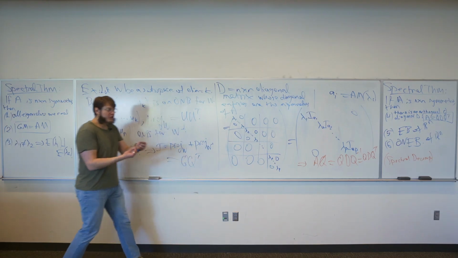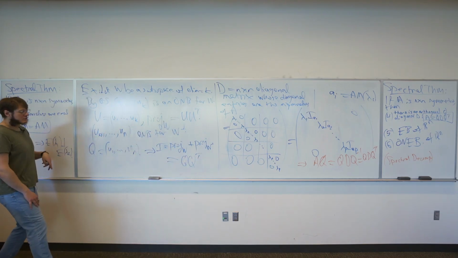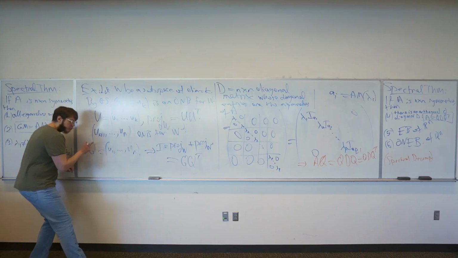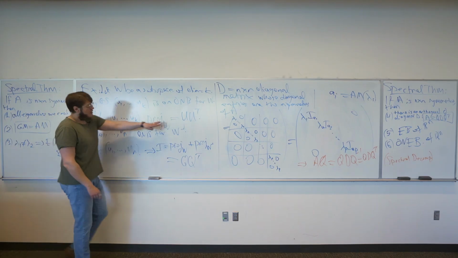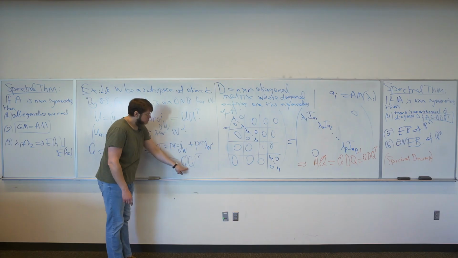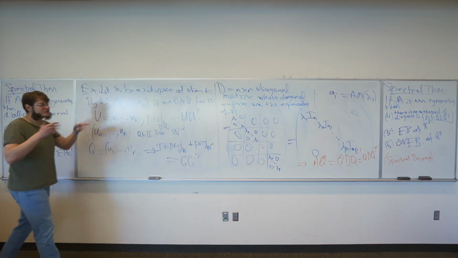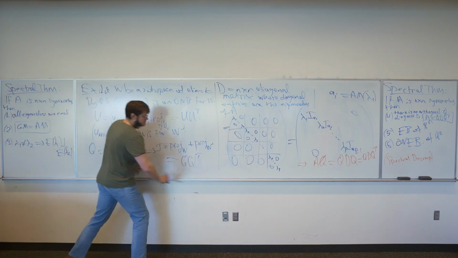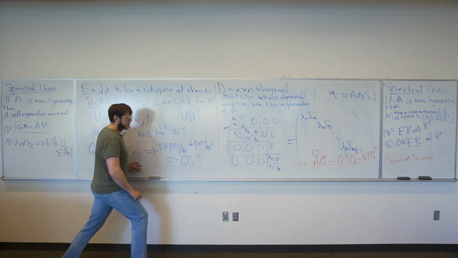If you complete the whole thing to one ONB for Rn, you literally get an orthogonal matrix, and the same shape gives you projection onto the original space. In other words, you're not doing anything. And that's why for an orthogonal matrix, QQ transpose is the same thing as identity.